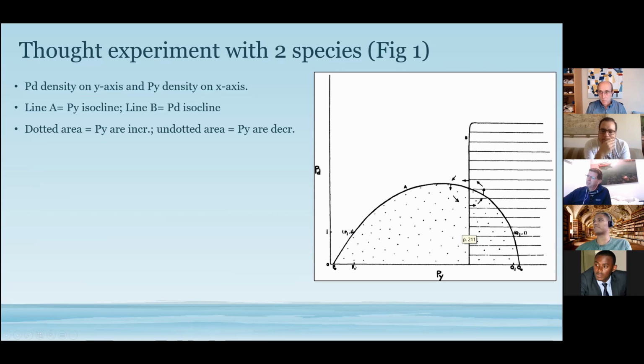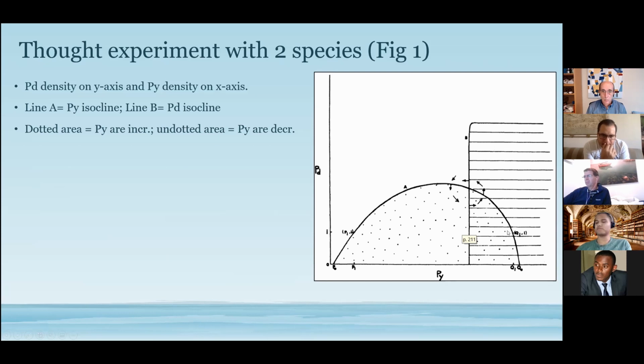So if predation starts at this line, then the number of prey could be either at PI or QI.